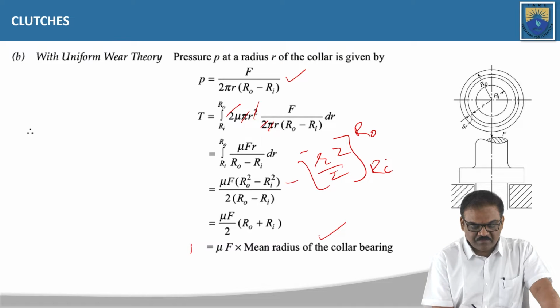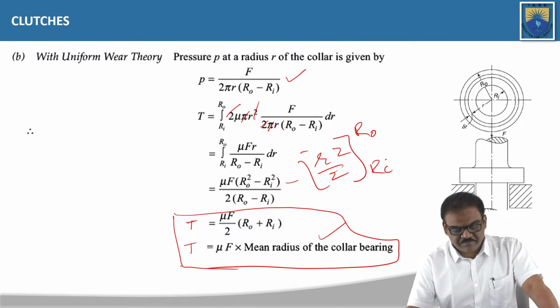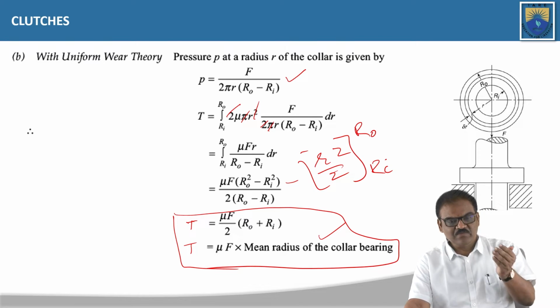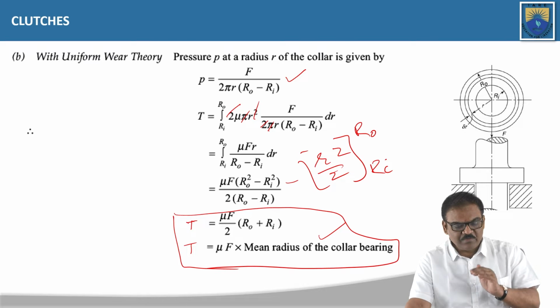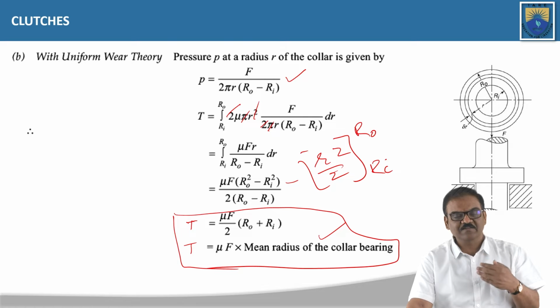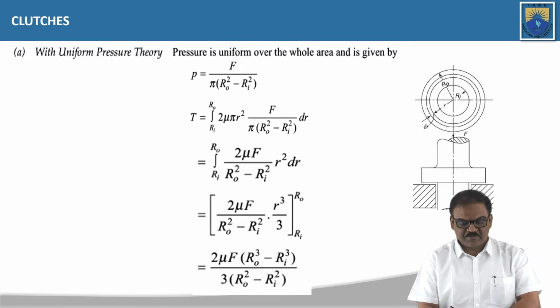Therefore, the total frictional torque in case of uniform wear theory is mu F into the mean radius of the collar. Therefore, the torque transmitted is lower in uniform wear theory compared to the torque transmitted in case of uniform pressure, when you make the comparison between these two.